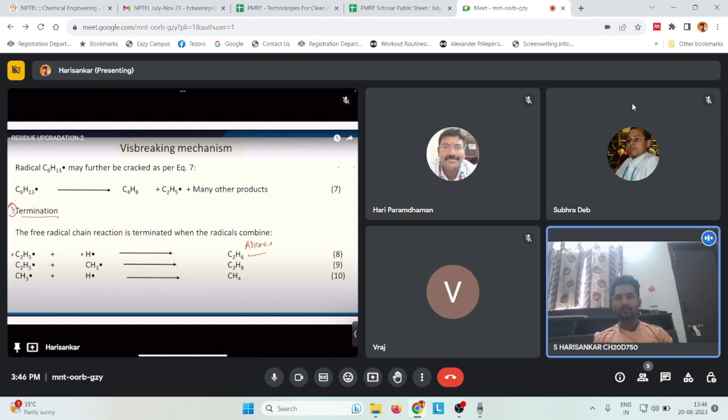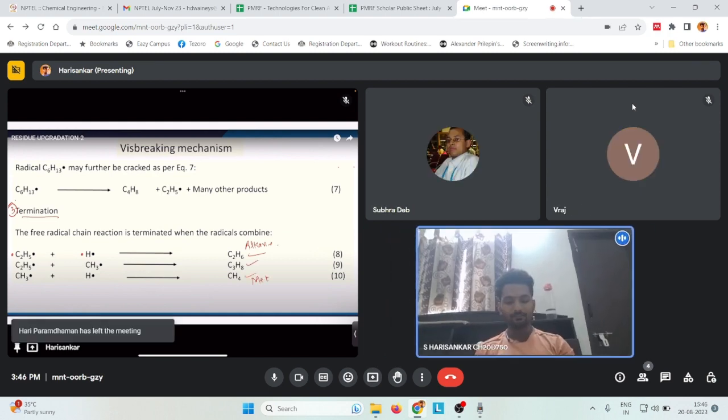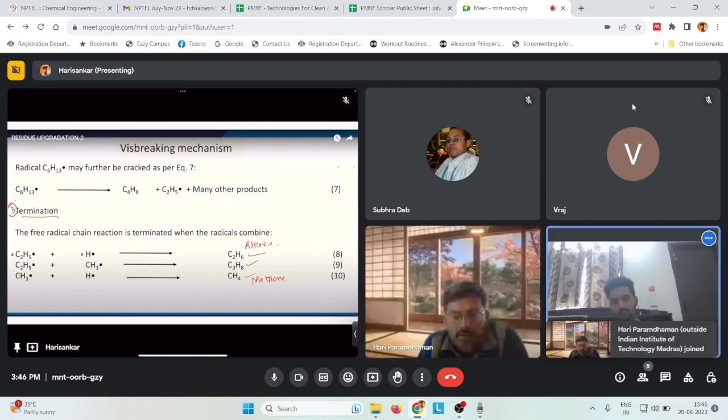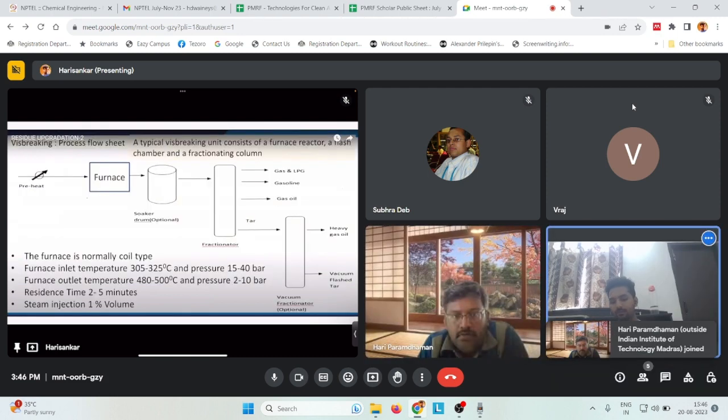The same happens with the C2H5 free radical and the CH3 methane free radical, or the methane free radical with the hydrogen free radical, to form other alkanes or gases like methane. So that is the reaction mechanism of the visbreaking process.